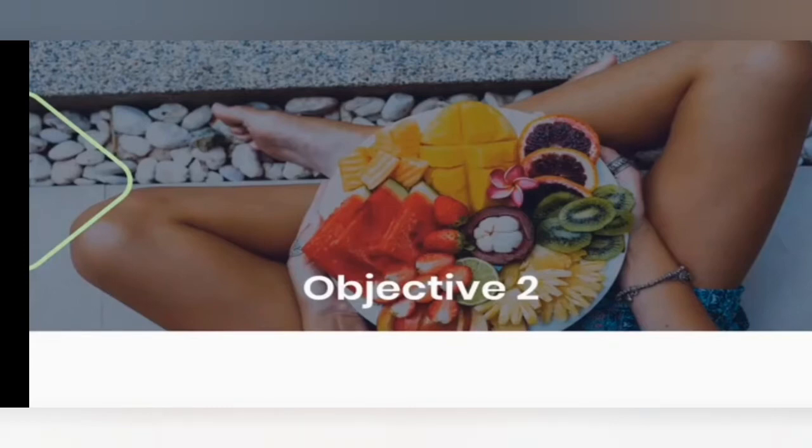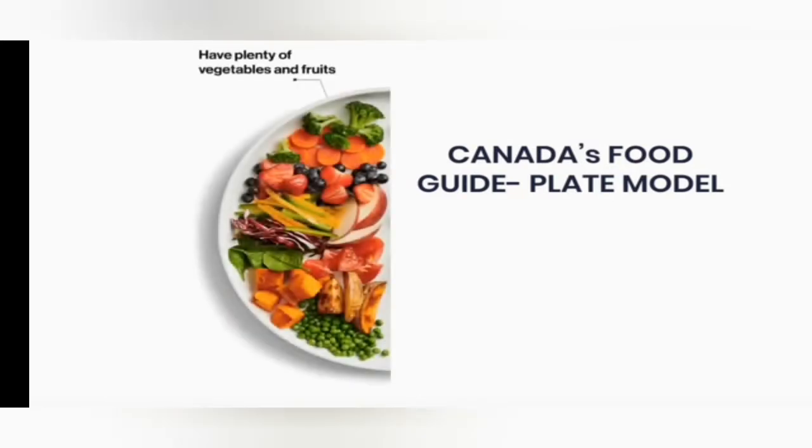So our second objective is to learn about the plate model. Understand what the Canada Food Guide plate model is, which is given by Canadian food and nutrition. Half a plate is filled with plenty of vegetables and fruits.